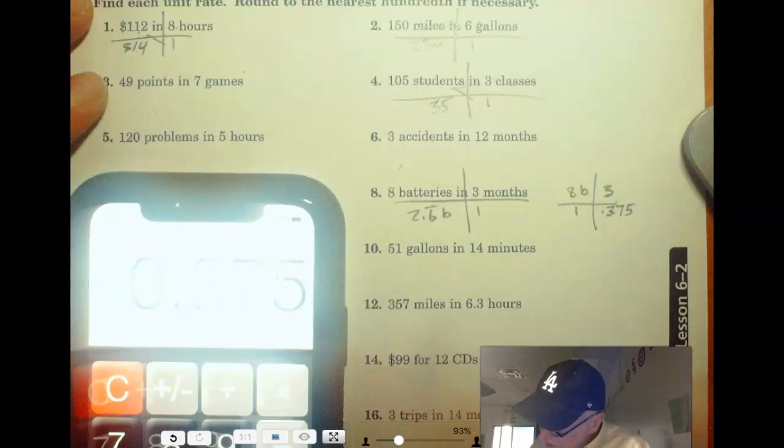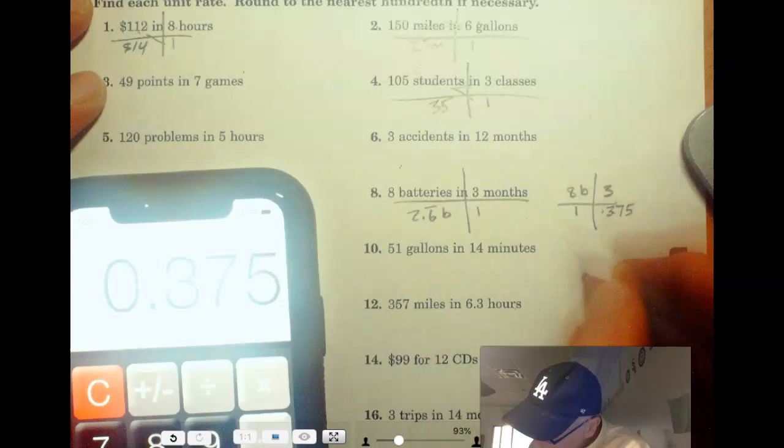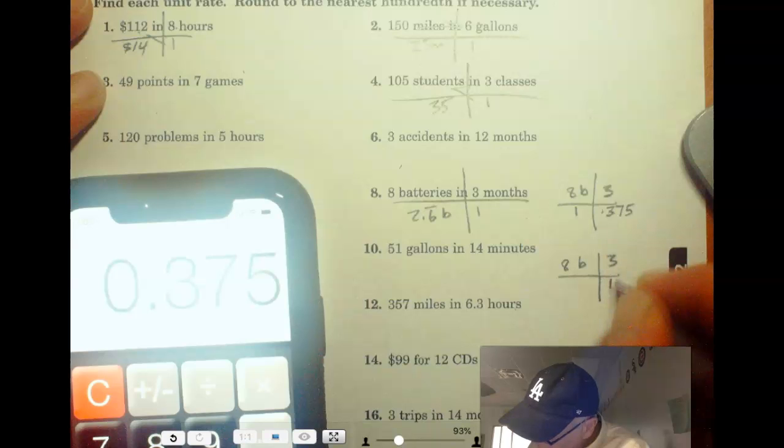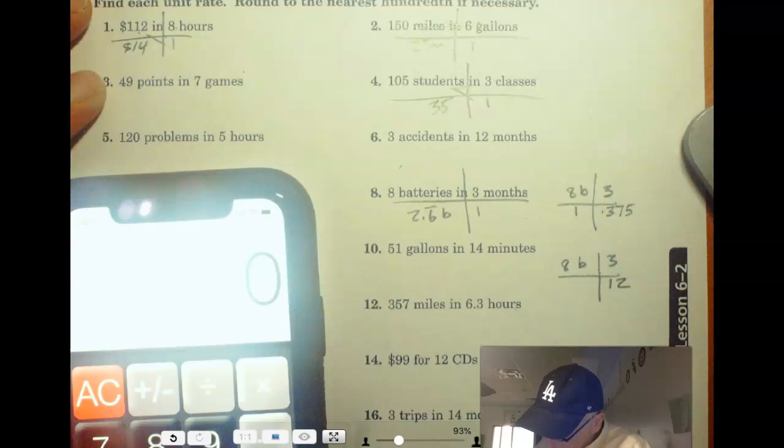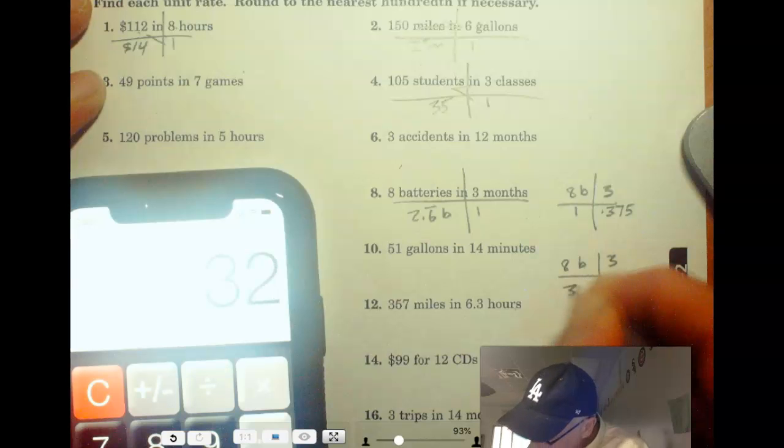What about if we did it this way? What if we did 8 batteries in 3 months, and we want to know how many batteries in 1 year, or 12 months? That might get us to something that's a little better. 12 times 8 is 96. Divide that by 3: 32 batteries per year.